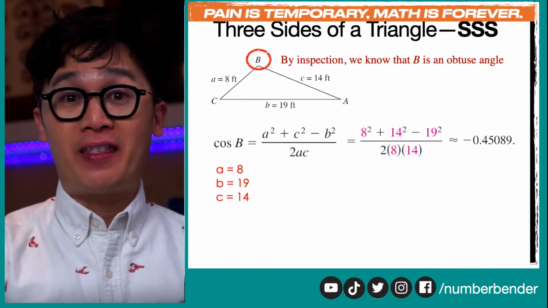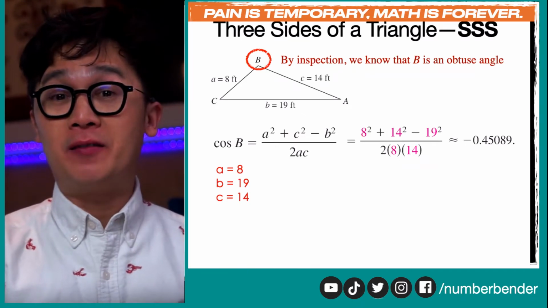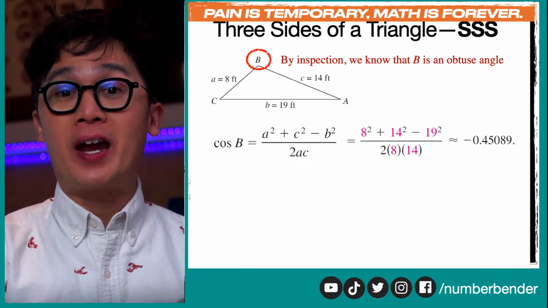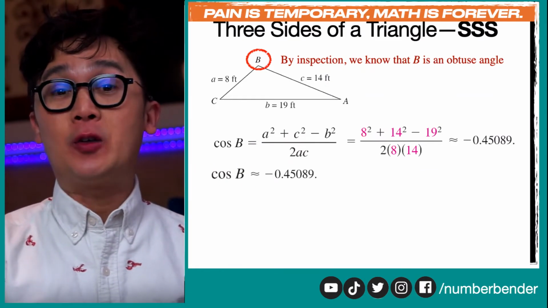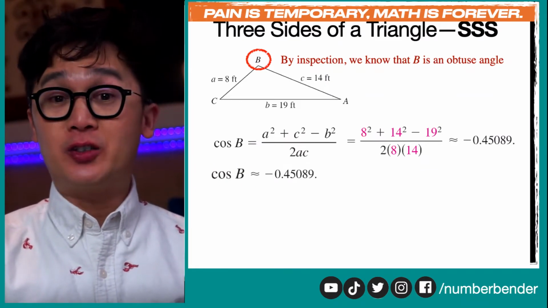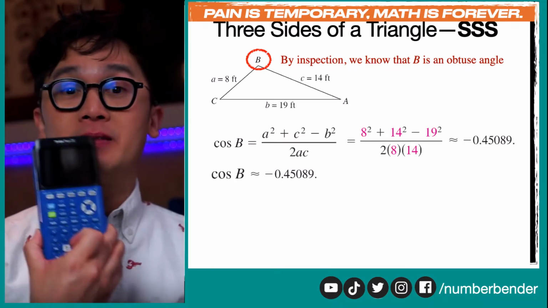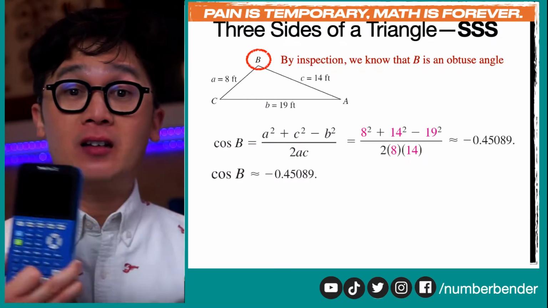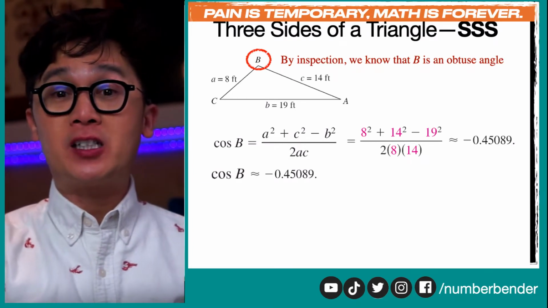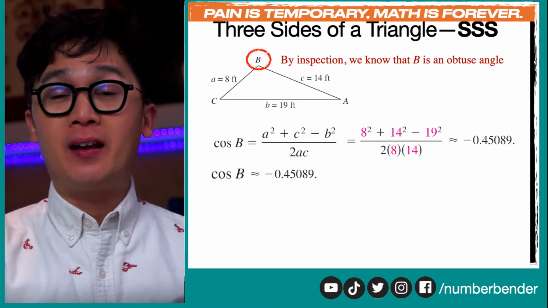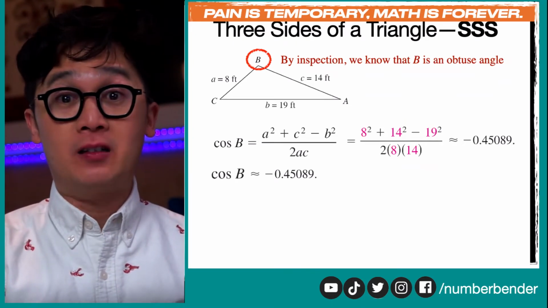We also know that our angles should all be positive, which means we need another step to find the value of angle B. We're going to use our scientific calculator, graphing calculator, or an online application and push inverse cosine so we can find the value of angle B.